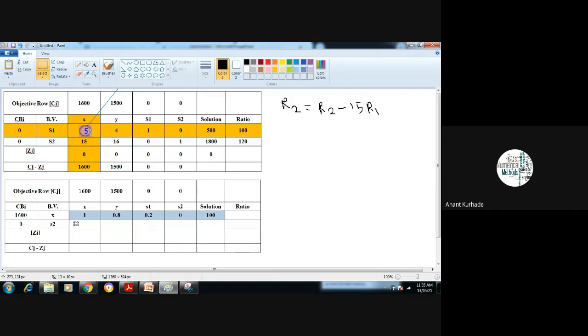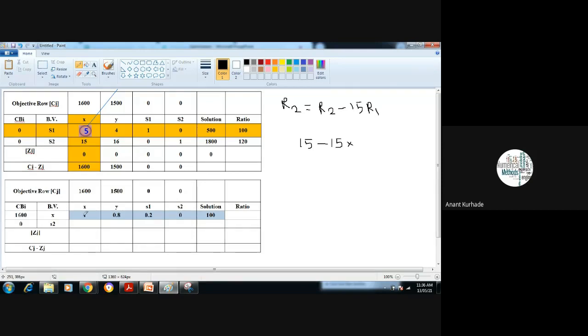Now see how we get the new values. R2 new value is equal to old R2. What is the value of R2 in the previous table? It is 15. So it is 15 minus 15 into R1.